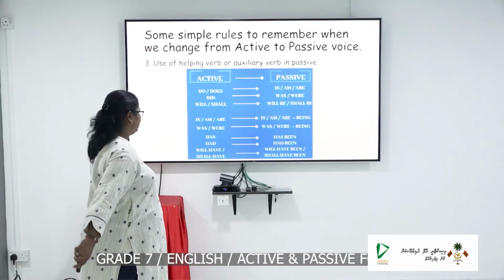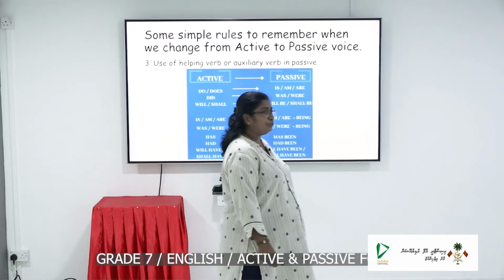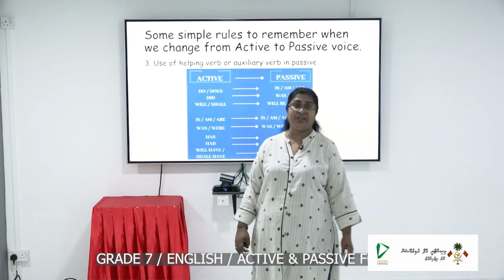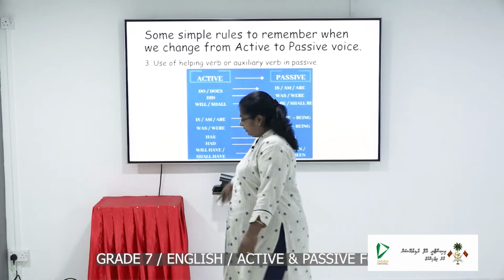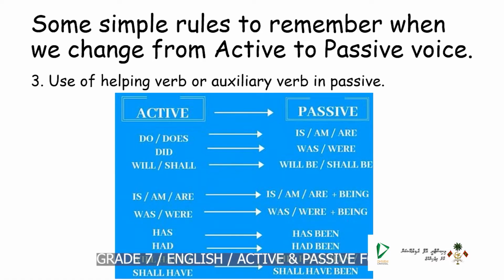Now let's see what's our third rule. Our third rule is use of helping verbs or auxiliary verbs. Now you can see the table. Don't get confused. Let's move on here a little bit closer so you will be having an idea what it is. From present tense, how it changed to passive. From past tense, how it changed.